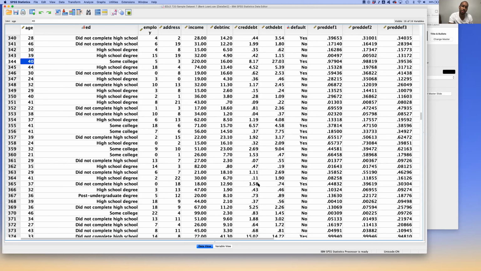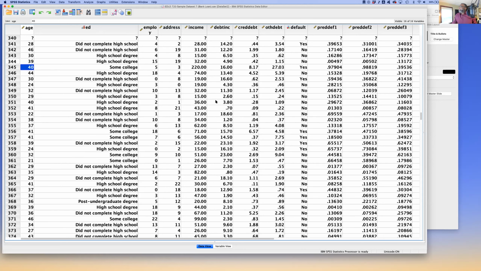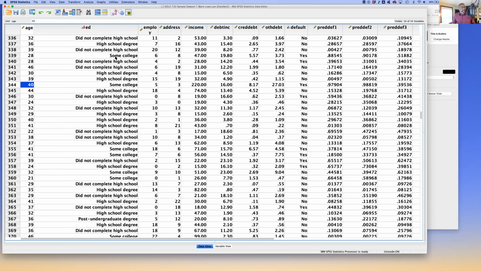No, it doesn't. Okay, so although we did not put education level in the model, we know that education is strongly related to income, right? So even though we didn't put those other values in the model, I know that education and income are strongly correlated.